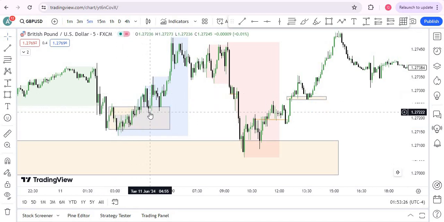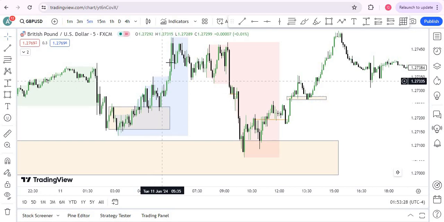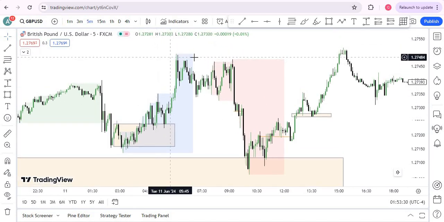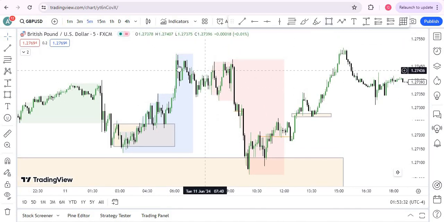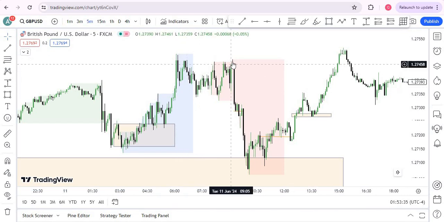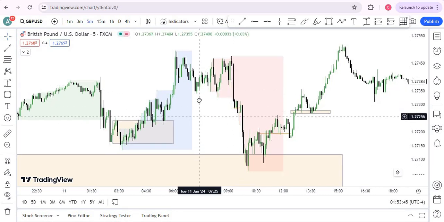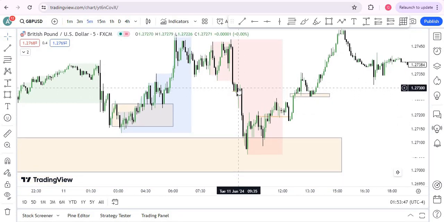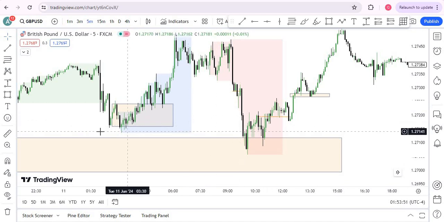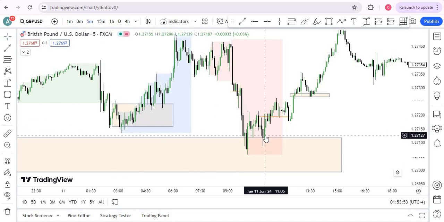Leave, first stage of accumulation, reach into some sort of POI, smart money reversal, a low risk sell area. We leave, first stage of distribution, and then we have this liquidity, right?